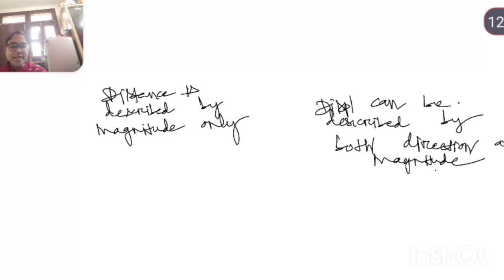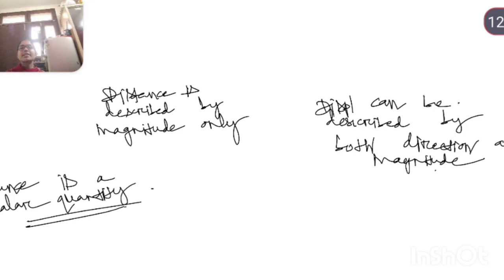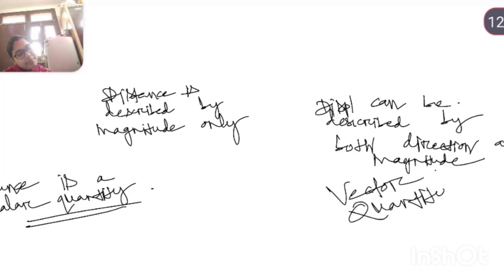So students, distance is a scalar quantity, meaning a quantity described by magnitude only, and displacement is a vector quantity, meaning a quantity described by both magnitude and direction.